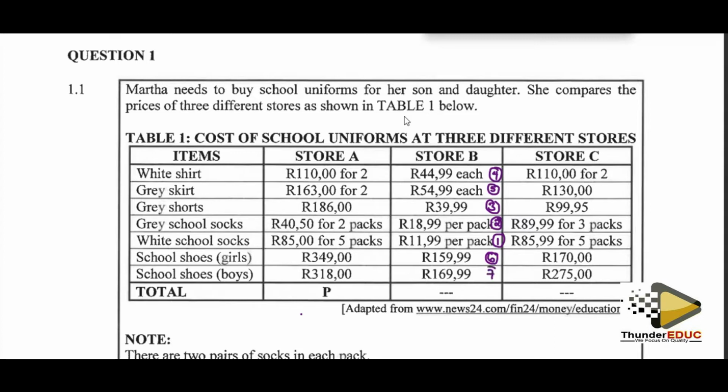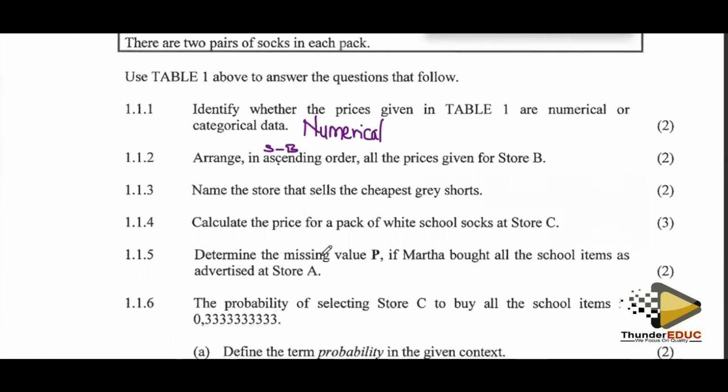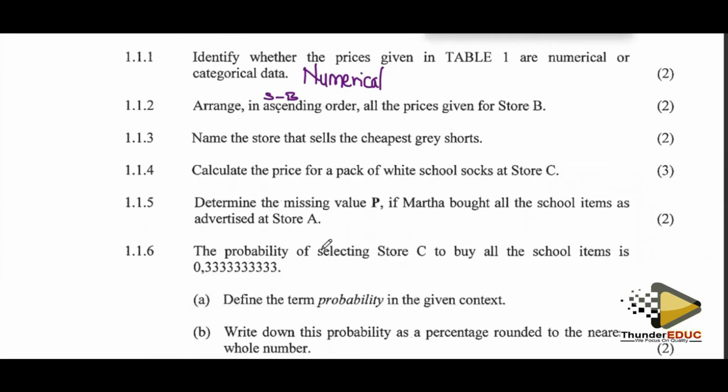And at last we have 169 rands 99 cents. So our order will be in ascending order, smallest to biggest. We shall start with 11 rands 99 cents, followed by 18 rands 99 cents.